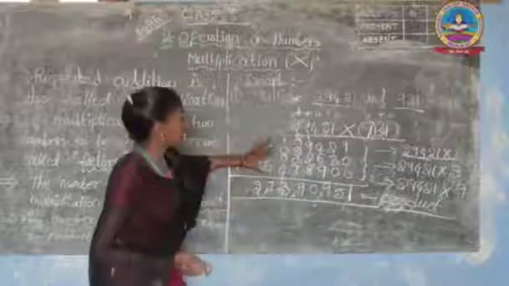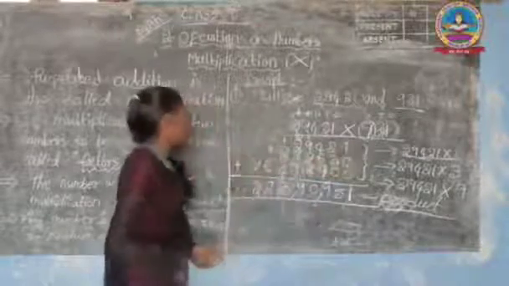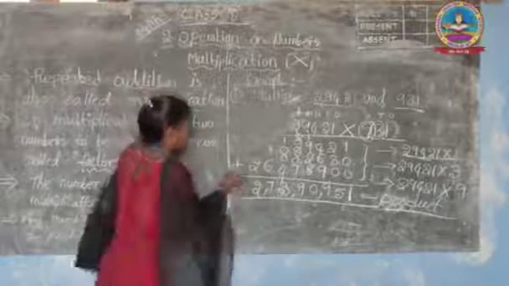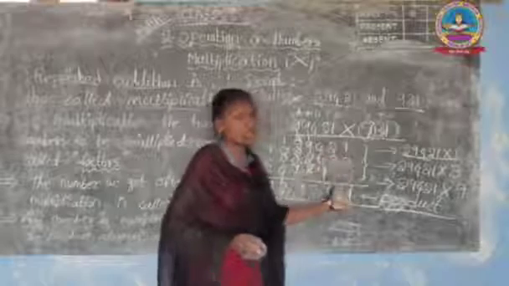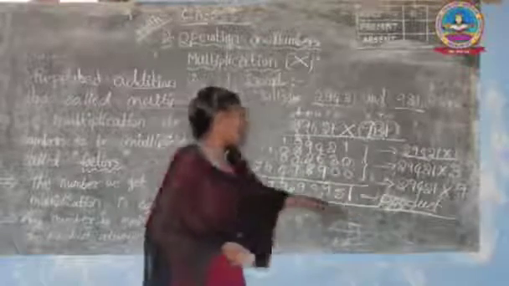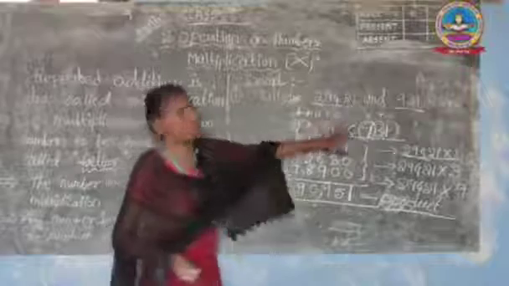So we get the three partial products here. Adding the partial products, finally we get the real product of these two numbers, right?